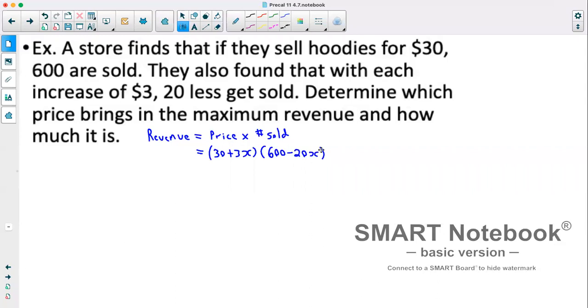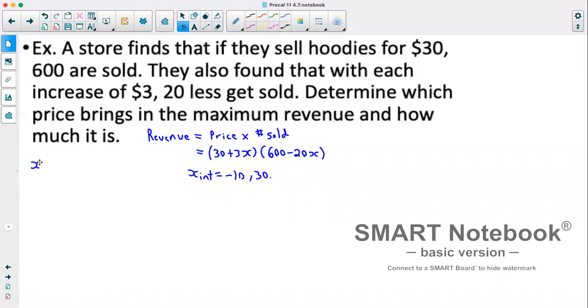We can do this by either foiling it out, completing the square and getting our vertex that way, or we can use our x-intercepts to get our vertex. So in this case, I think it'll probably be faster to get my vertex with my x-intercepts. Because with this one, I can see that x of -10 will give me 0 for this, and 30 would give me my x-intercept of this.